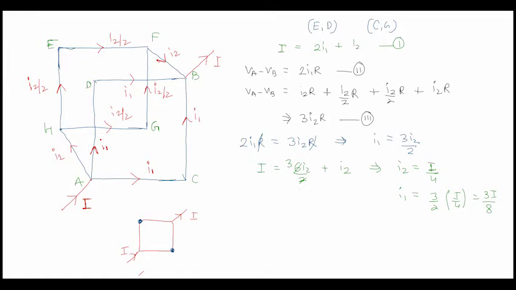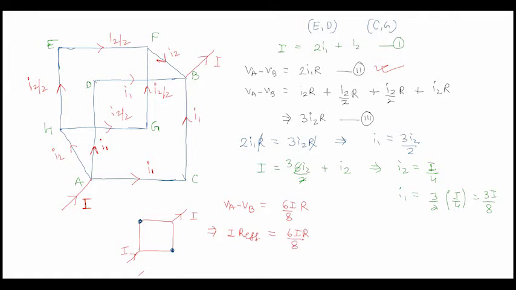Now we can say that for this network, VA minus VB we can write as 2I1R, that is 6I by 8 into R, from equation number 2. From this equation we are writing it as 2I1 into R, and overall we can write it as I into R effective is equal to 6IR by 8.